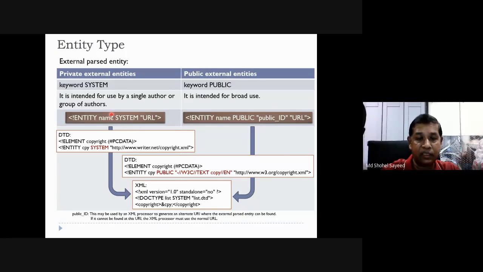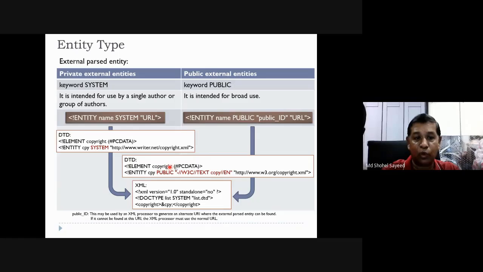Okay. Look at this example here. This is the private external entity: ELEMENT copyright (#PCDATA), ENTITY CPY, the name of the entity, CPY, SYSTEM used for private. Then this is the URL, SYSTEM, then URL. Then in case of public, you have to define the DTD this way.